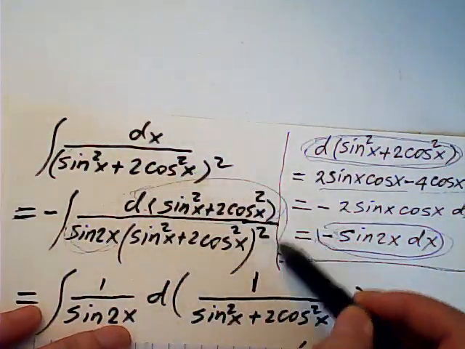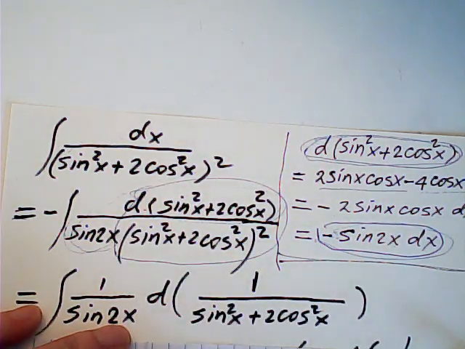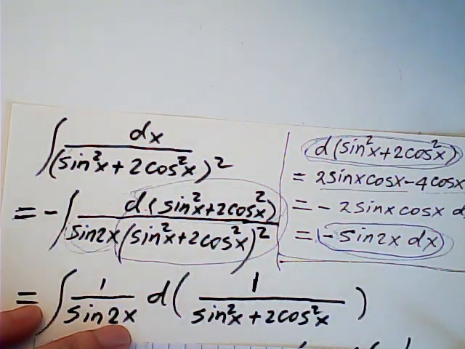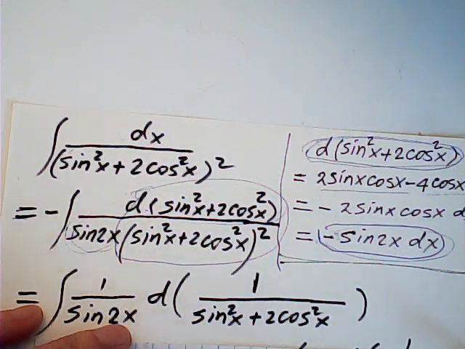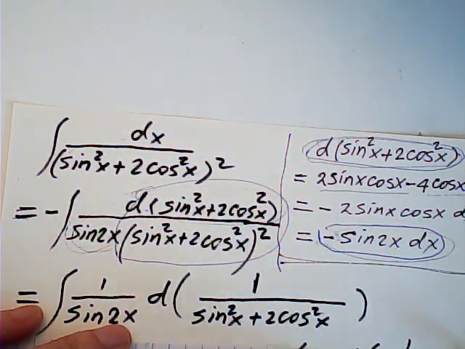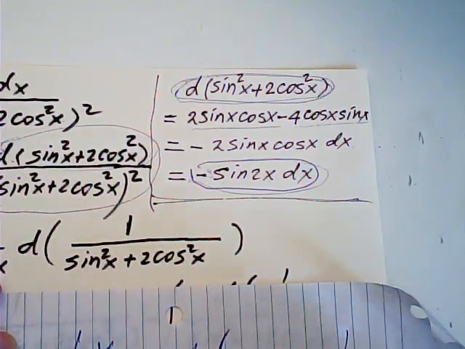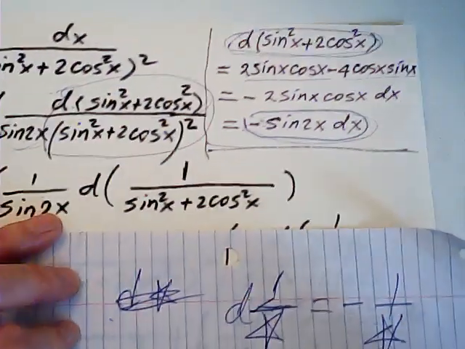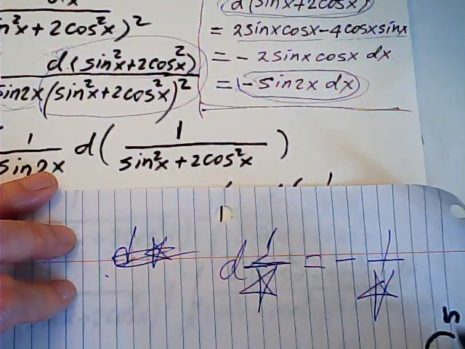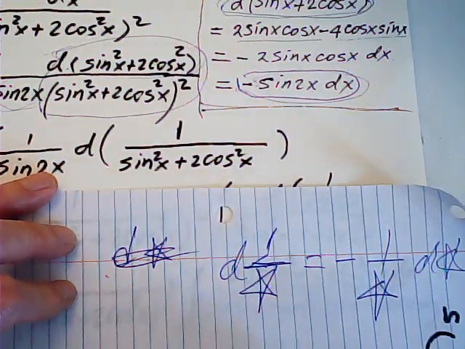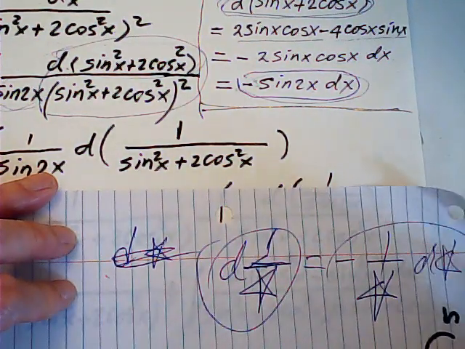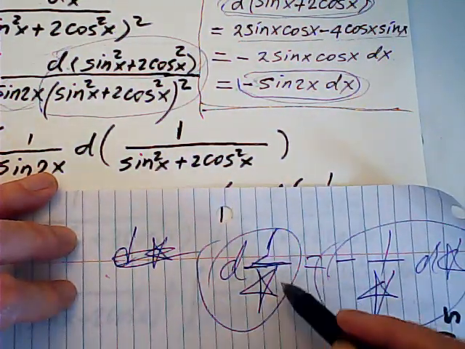this. This is this, right? d of 1 over star is negative 1 over star squared, right? Okay, then d star. This is this. Negative, huh?